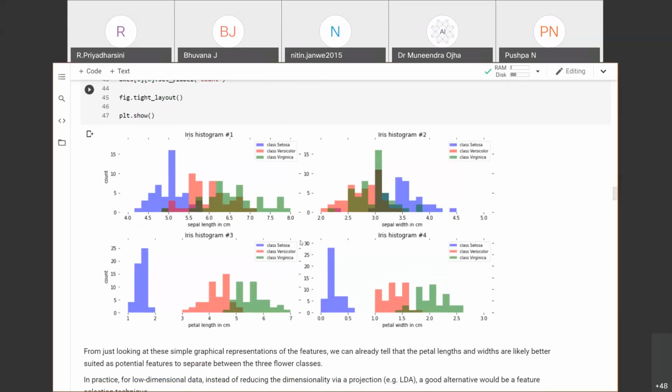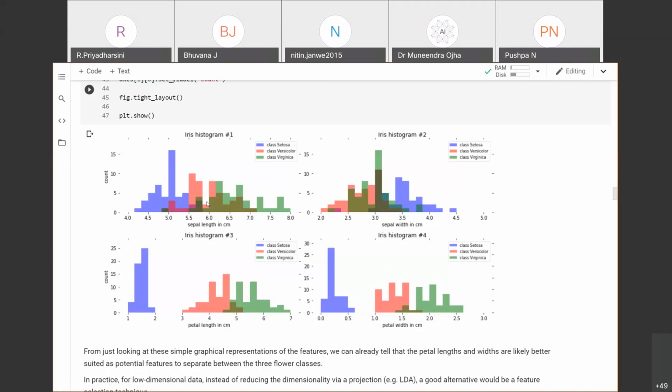You see sepal length in the first block, sepal width in the second block, petal length in the third block, and petal width in the fourth block. In the sepal length, you see all these colors are mixed together. There are three classes: setosa, versicolor, and virginica. All of them are mixed among each other.